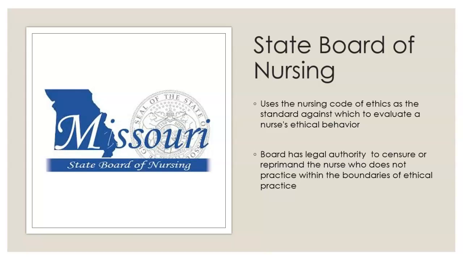So if someone reports a nurse as doing something wrong, disciplinary action may ensue, and the nurse may get her license censured, revoked, any number. There are several different levels of reprimand for nurses in the state of Missouri. So we have a very large disciplinary budget, unfortunately, in the state of Missouri.